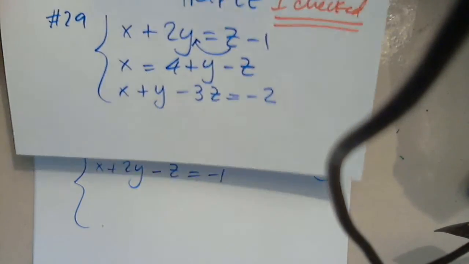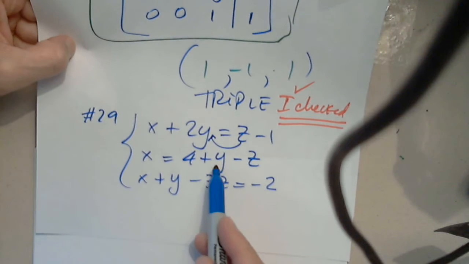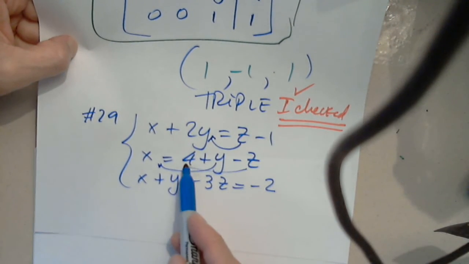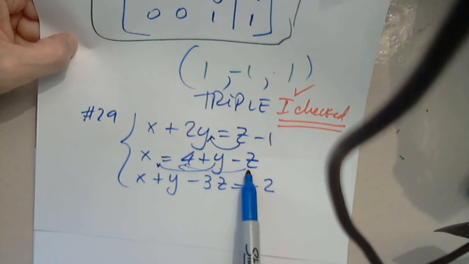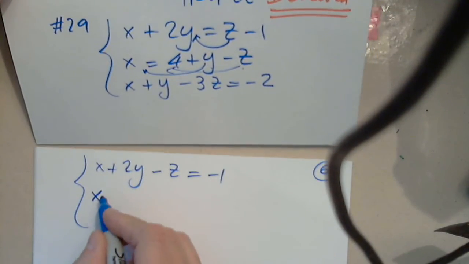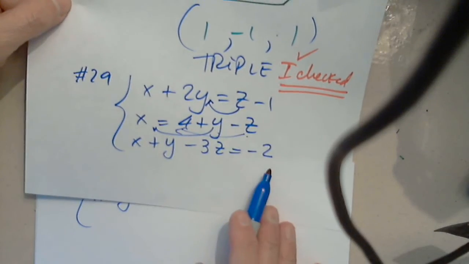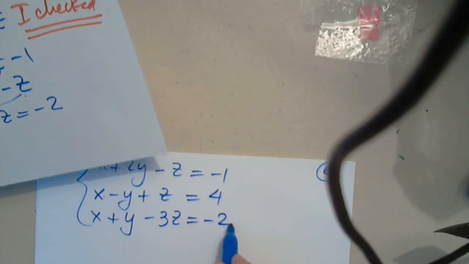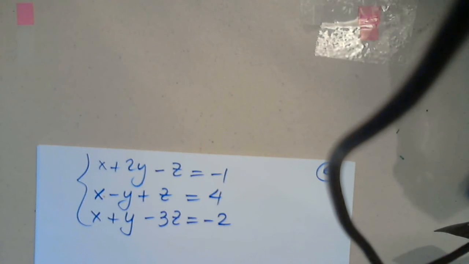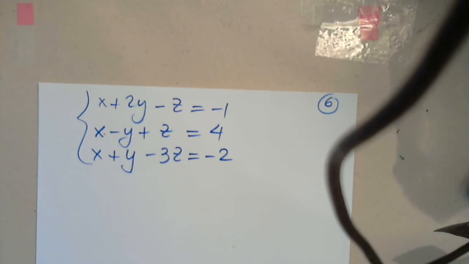That's okay. This one is another mess. I will bring y to the other side and z to the other side. Subtract y, but add z. So x minus y plus z equals 4. The last equation is fine. X plus y minus 3z equals negative 2. And now I can start the method.